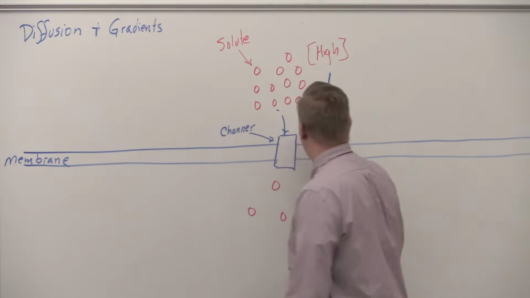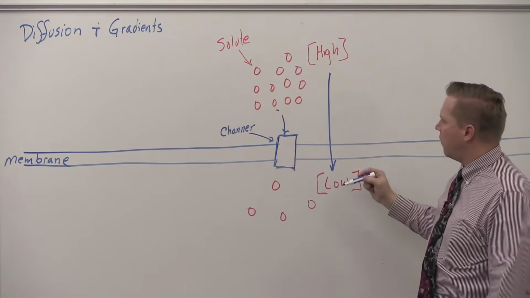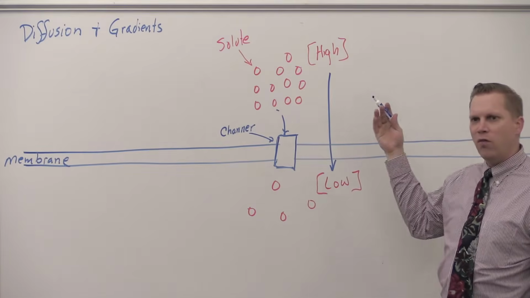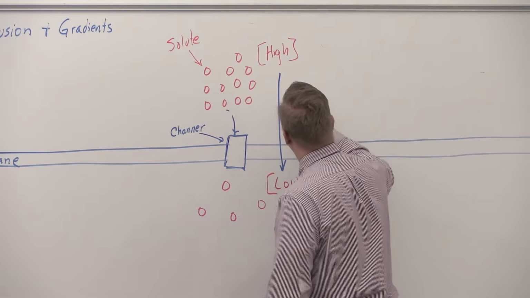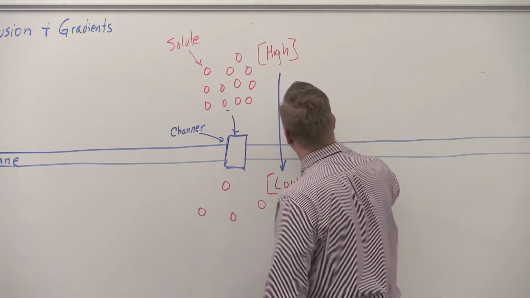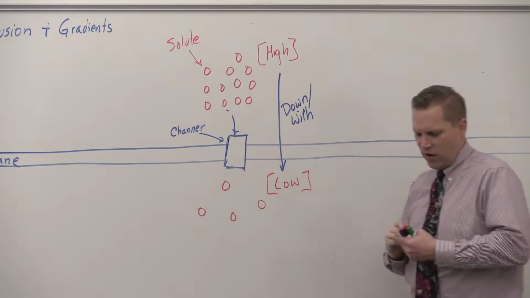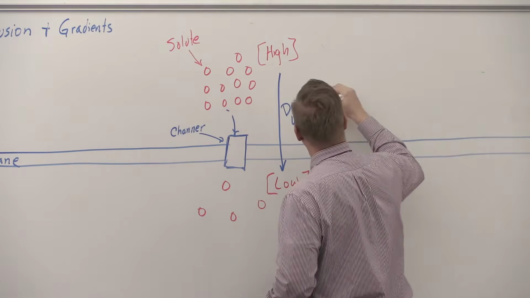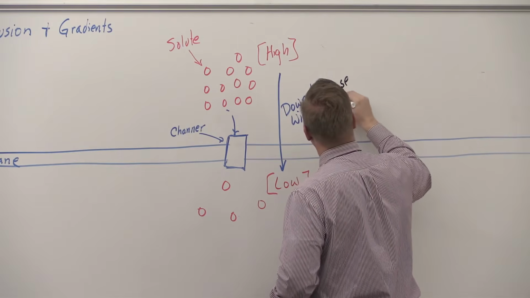And as they flow from high to low concentration, we can actually release energy. So the movement of solutes, what we call down, or with the concentration gradient, releases energy.